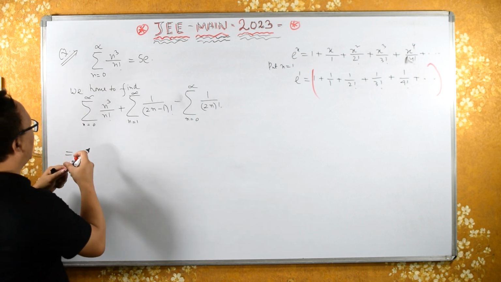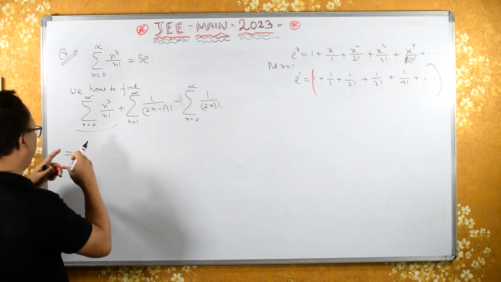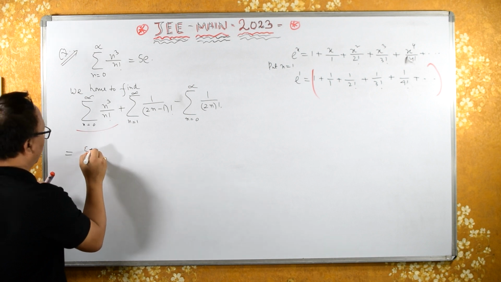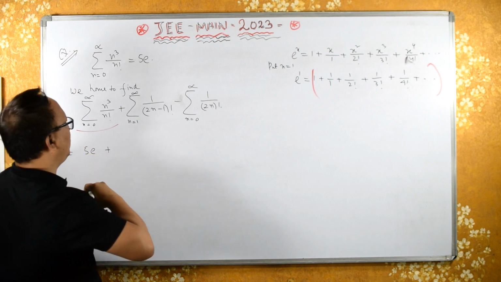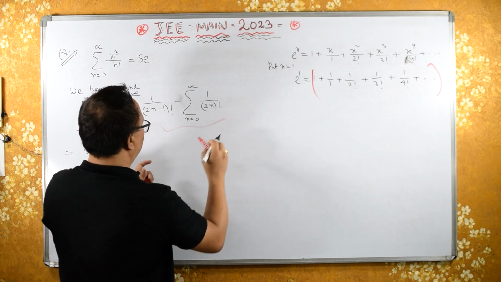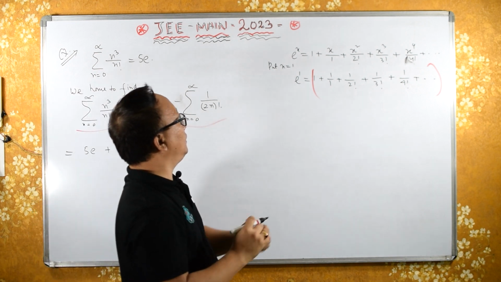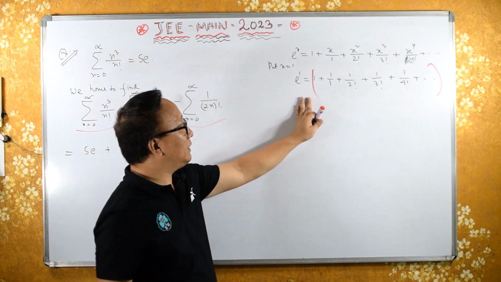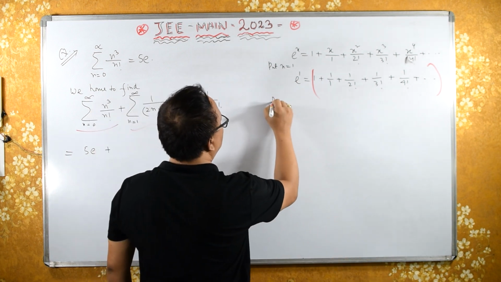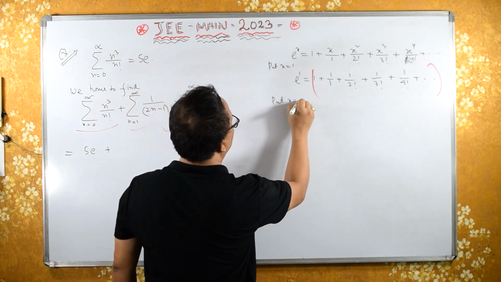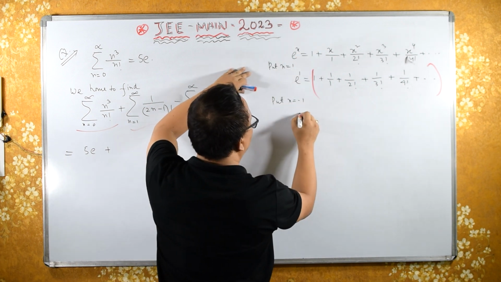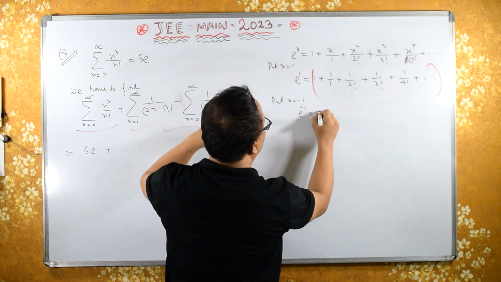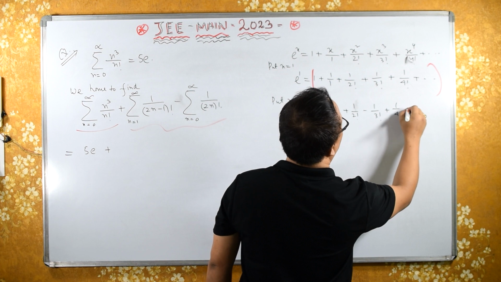Now our aim is to find the remaining part. So this part is equal to 5e plus, and we need to find this part. Now e raised to x is this. If I substitute x equals 1, I am getting this. Now substitute x equals minus 1. Therefore e raised to minus 1 is 1 minus and so on.